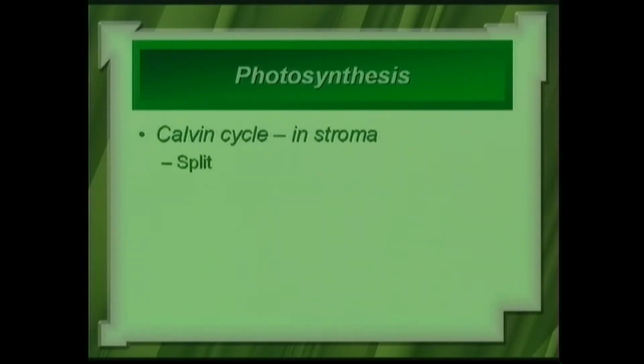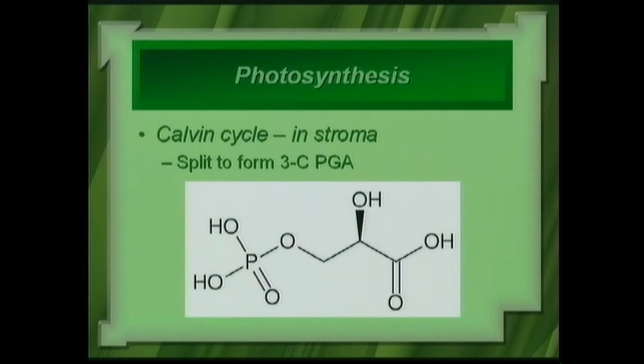You have carbon dioxide added to that, and this is split to form a 3-carbon phosphoglyceric acid. This drawing doesn't show you the carbons, but they are located here and here and here. So this is a 3-carbon substance, and here you can see the phosphate group, just a phosphate with the 4 oxygens attached to it.